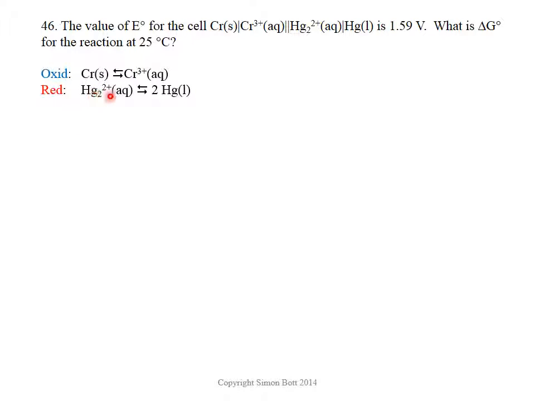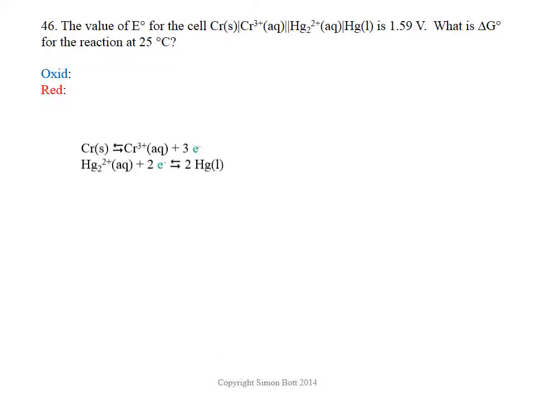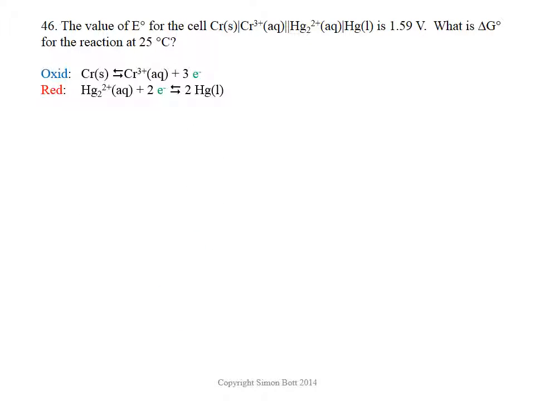Each mercury goes from 1 to 0. So 1 electron per mercury, but we have 2 mercuries, so we need 2 electrons in the reduction, 3 in the oxidation. Okay. Now when we look at that, how many electrons are going to be transferred in the reaction? Well, it's not a one-to-one, is it? Because every oxidation produces 3 electrons, but every reduction only uses 2.